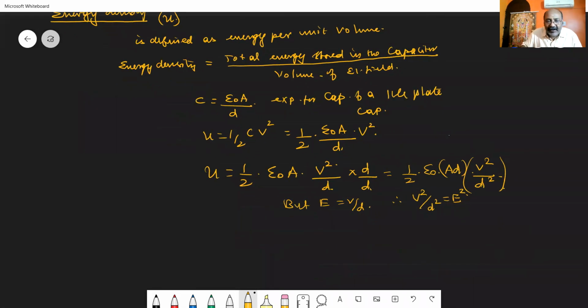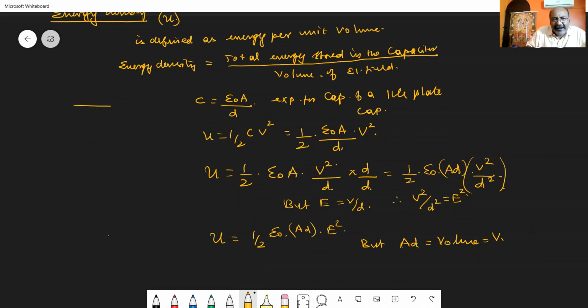So how can I write the potential energy now? The potential energy is given by half into epsilon 0 into A into D, area into distance, multiplied with E square. But what is area into D? Area multiplied with length is nothing but the volume V of the capacitor, where the electric field is stored.